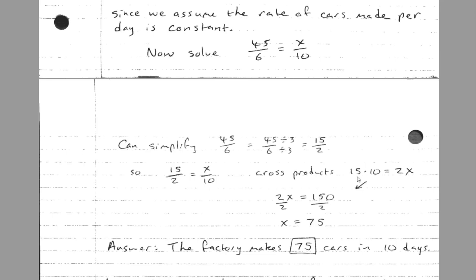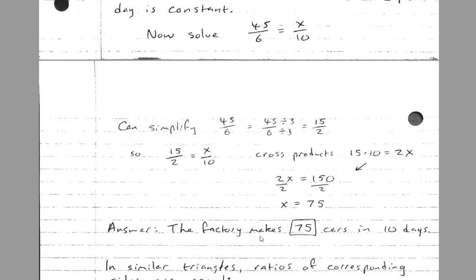Set the cross products equal. And so 150 is equal to 2X. And divide both sides by 2 to get 1X. And writing out the answer, the factory makes 75 cars in 10 days.